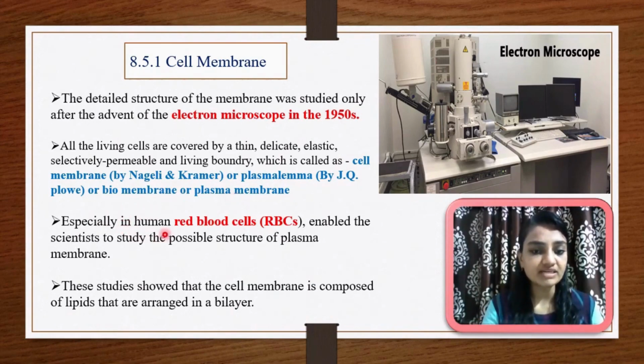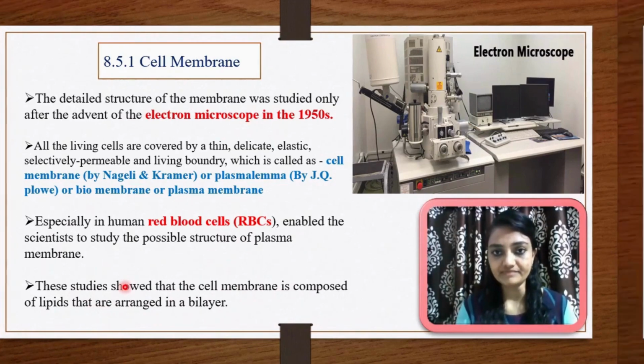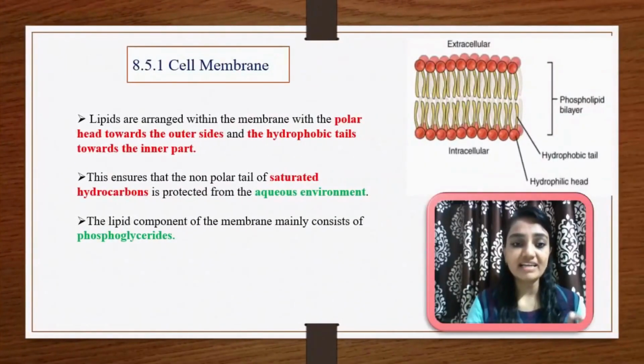The human red blood cell, that is the RBC, enabled scientists to study the possible structure of the plasma membrane. The first cell studied for the cell membrane was the RBC. These studies showed that the cell membrane is composed of lipids arranged in a bilayer. In the cell membrane, lipids are arranged with the polar head towards the outer side.